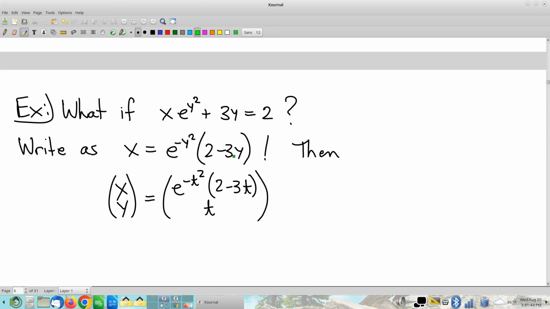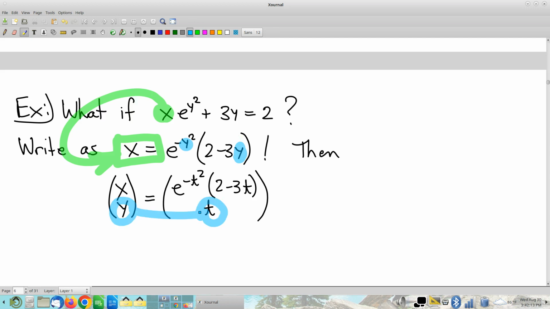And I can't solve for y, but I can solve for x. So solving for x, I have to do a little bit of algebra, rewriting it as a graph. Okay, well, cool. Now I have a graph. I can use the graph parameterization. The big trick, recall, is that the input variable, now in this case, is y. Let t be that input variable.